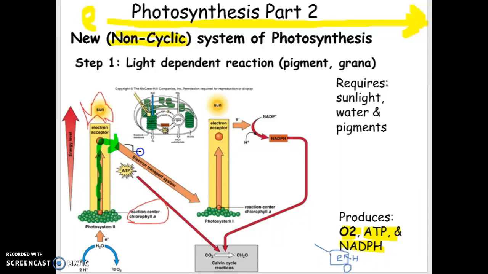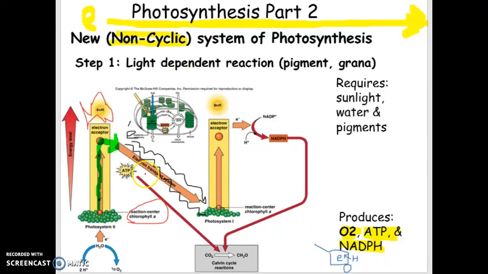Here's your series of steps. Electron transport system, electron transport chain, and those electrons go ta-ding, ta-ding, ta-ding, and wind up in the other photosystem, the other group of pigment molecules. So these are electrons just bouncing down the steps.